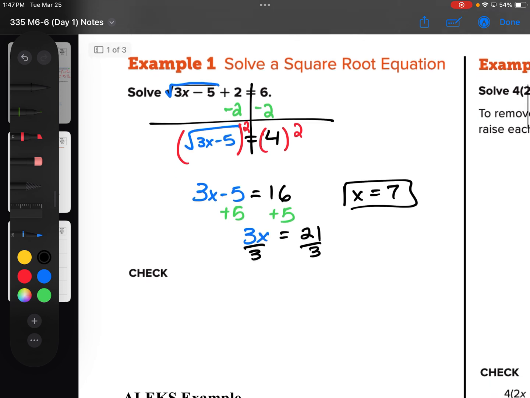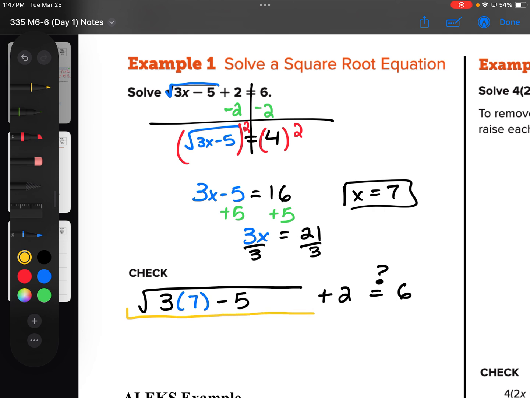So we're going to start with our original equation, and instead of x, you're going to substitute our answer, 7. And we need to make sure, does it equal 6? This part here, you can type in any online calculator or your own calculator.